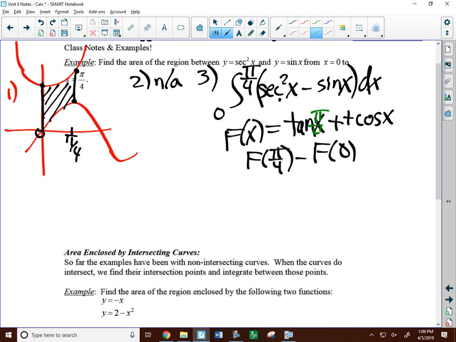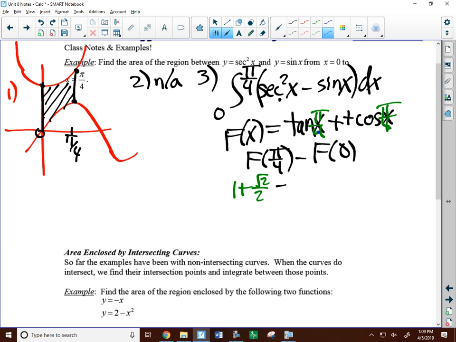Okay, so let's do that. Let's plug in pi over 4 everywhere here. So tangent of pi over 4, where sine and cosine are the same, is 1, plus, still on f of pi over 4, cosine of pi over 4, radical 2 over 2. So that was the first one.